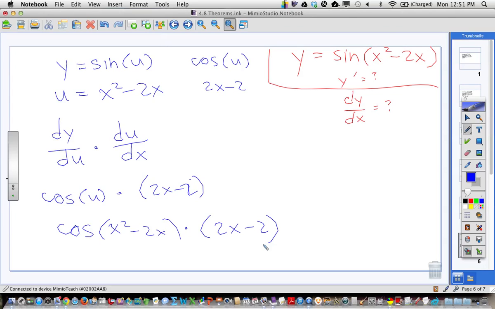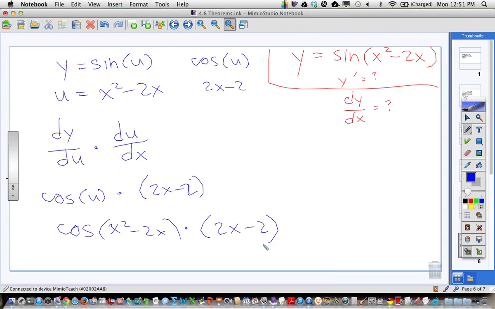Now, do you wish I would have taught you that, or are you glad I didn't? Or does it really matter? Back then, I think it was just more confusing. I think it worked better with, hey, do the derivative of the outside, leave the inside alone, tack on the derivative of the inside, especially when you get multiple ones, like the problem we just did. There would have been 3 different ones to do, okay?